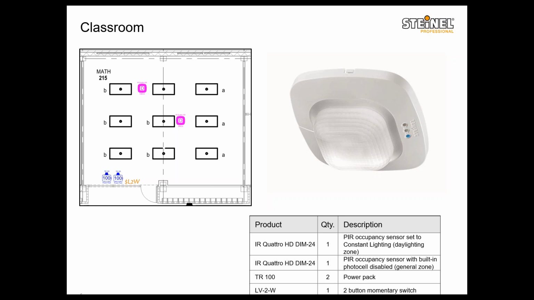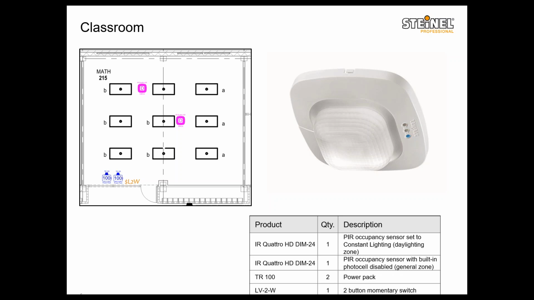Sure. So as most of you may already know, our Control Pro series all come with a built-in photocell. And the DIM-24 version has the option of constant lighting. What that means is when you're setting up the sensor, you turn on the constant lighting feature, and then you set the light level that you want to maintain in the classroom, in that daylighting zone.